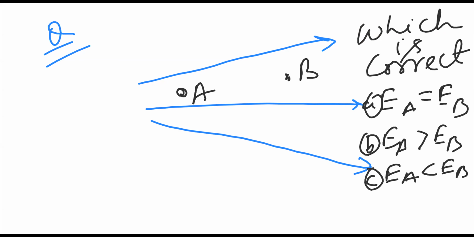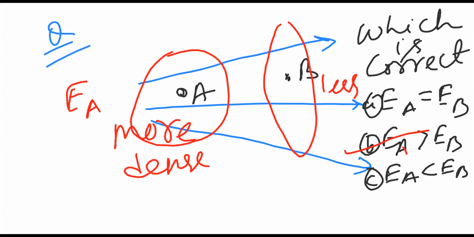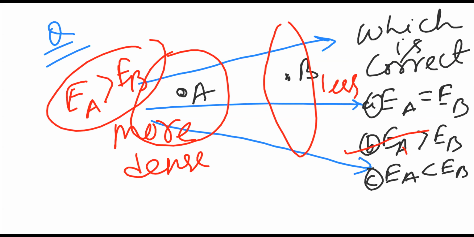So for a non-uniform field, B will be correct, because it is where the density of lines is more. Here the density of field lines is more, but here it is less. So it is less dense here and more dense there. So EA is greater than EB.